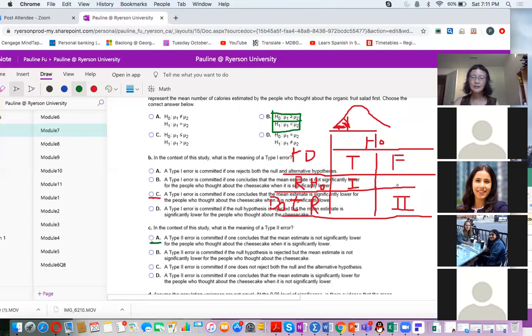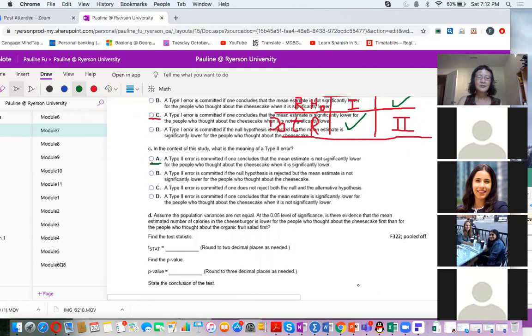And under these two situations, you make the correct answer. When H0 is false, you reject H0, you are correct. And here, when H0 is correct, you do not reject. Again, you are correct. So any questions?